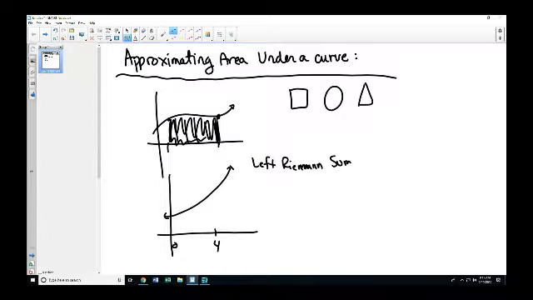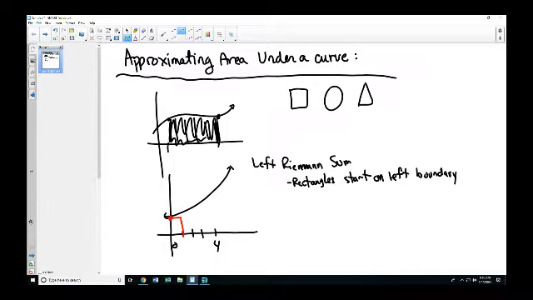Okay. Left Riemann sums involve rectangles that start on the left boundary. So in this case, we start at the left, where the function intersects at 0.